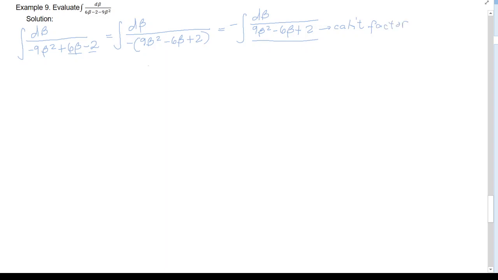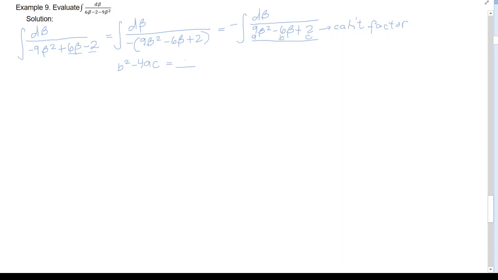Because if we check that one using your algebra, if you remember, we use the formula b squared minus 4ac. If that is a perfect square, we can already factor this one. But if that is not a perfect square, we can't factor. So if we check this one, if we denote this 9 as a, the coefficients, that is b and this is c.